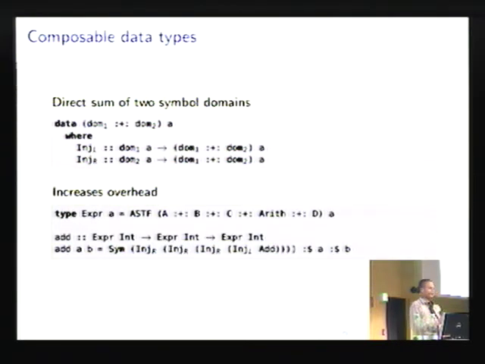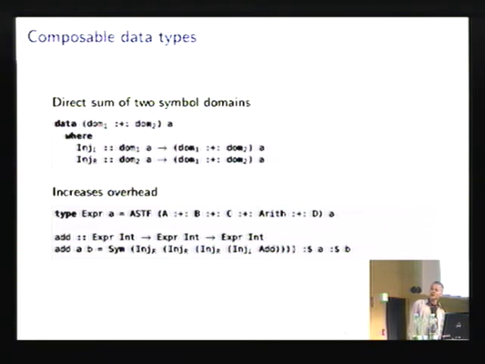So now we can build up symbol domains by just adding smaller symbol types. So here's an example where we have a type A plus B plus C, and then we have Arith somewhere in the middle. But the problem with this is that now the overhead increases.